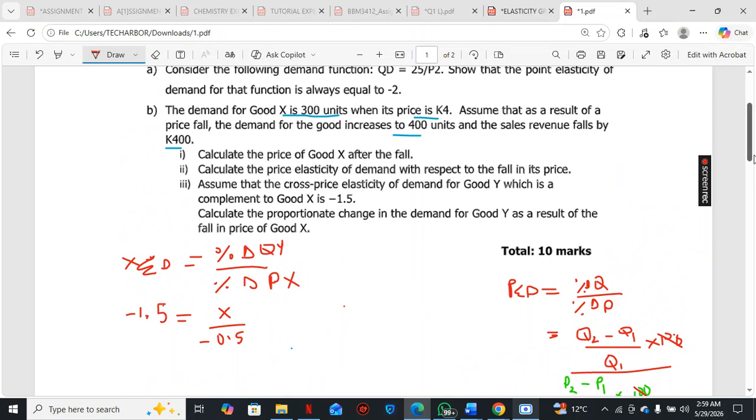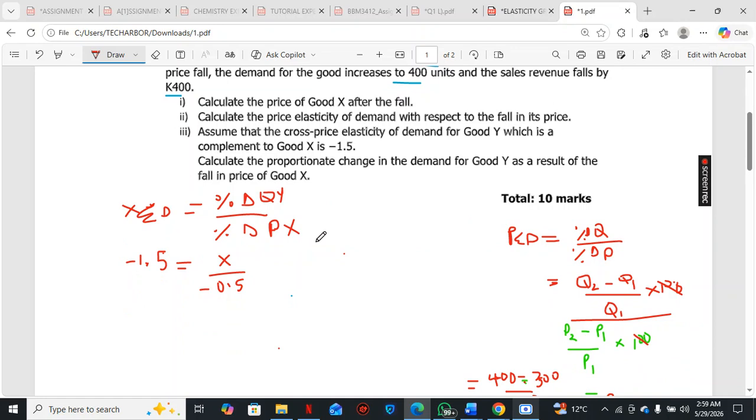So we want to find the percentage change in the quantity demanded of good Y. We cross multiply, so x equals negative 1.5 multiplied by negative 0.5.